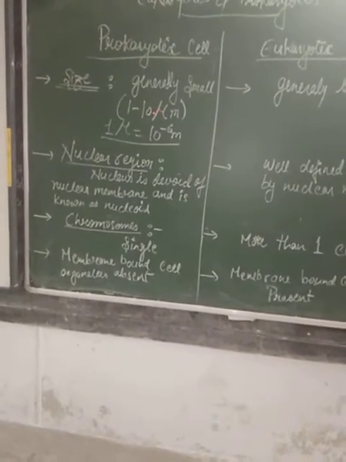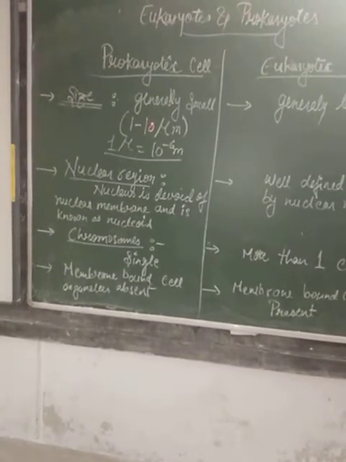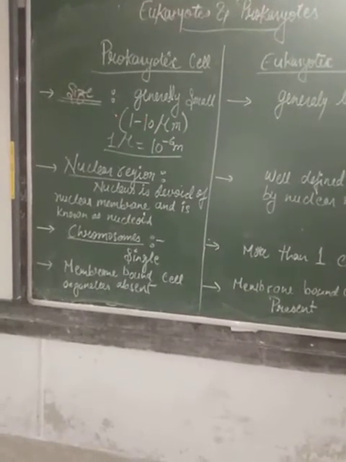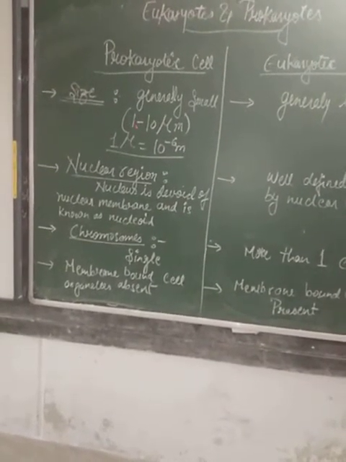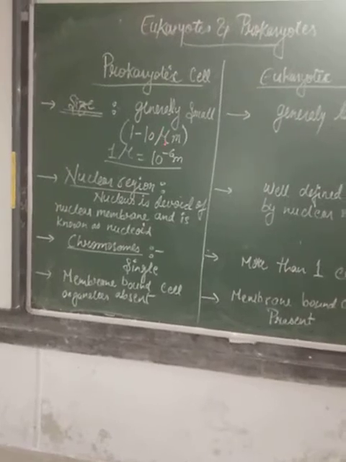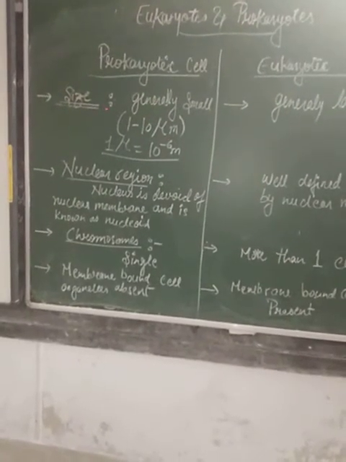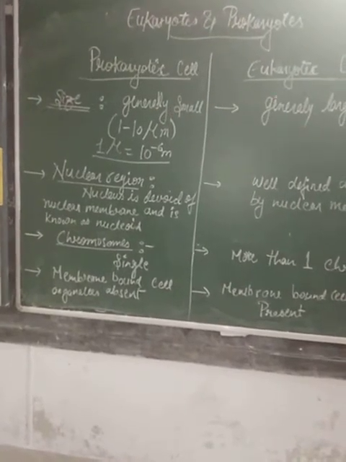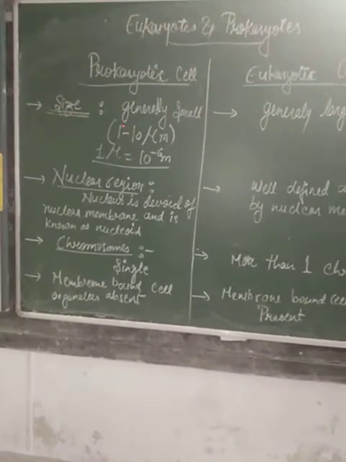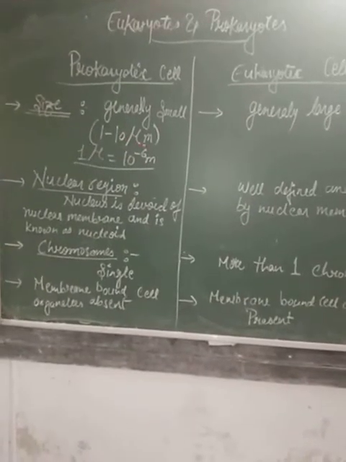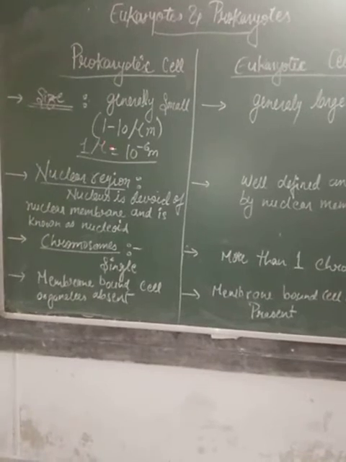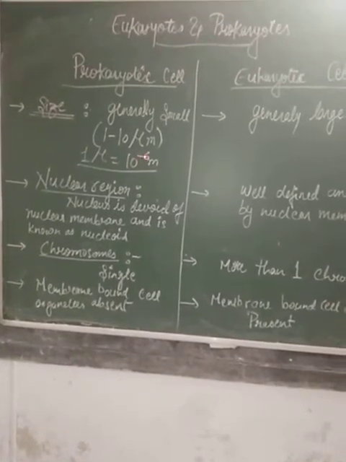Just like we measure with centimeters or feet, similarly for measuring unicellular organisms which are very micro, the micrometer is used. So the prokaryotic cell, which is not well developed, is generally small, 1 to 10 micrometer, and 1 micrometer is equal to 10 to the power minus 6 meter.